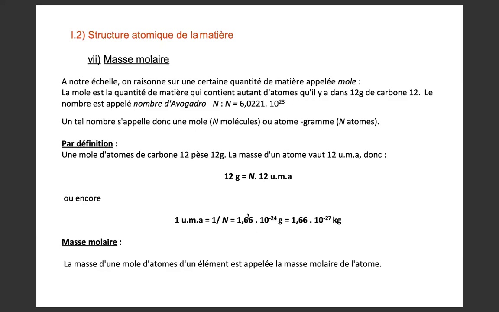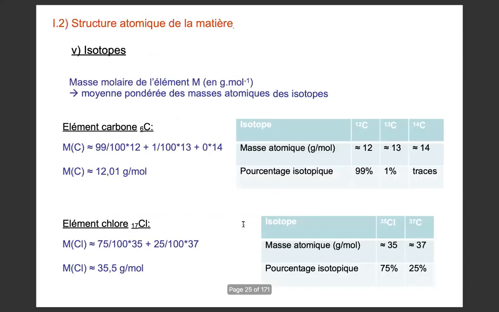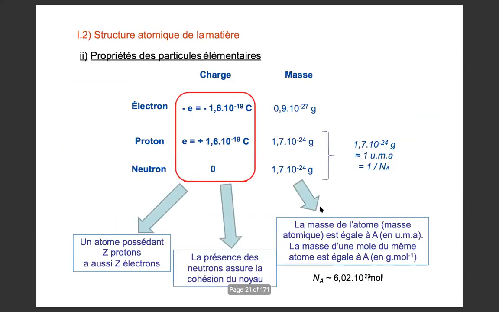So 1/Avogadro's constant will give us exactly 1.66 times 10 to the power negative 24. Now, this number shows that the mass of an atom is made up of these numbers.